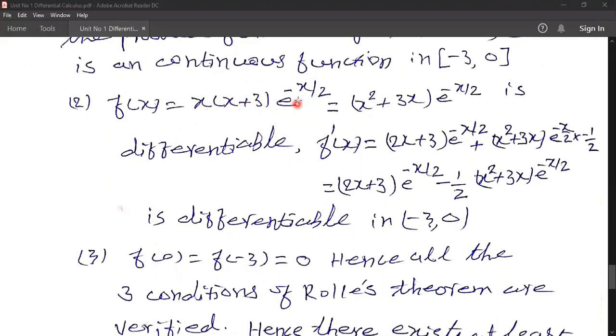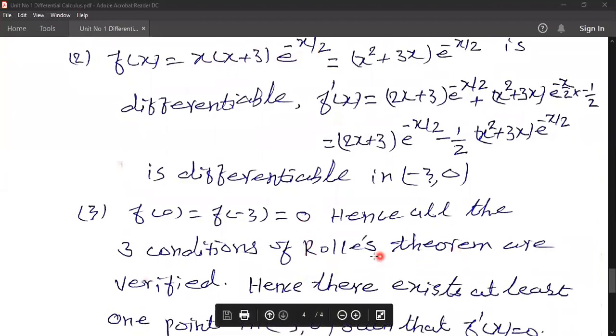When x is equal to 0, this entire thing is equal to 0, so f of 0 is equal to 0. When you put x is equal to minus 3, x plus 3 becomes minus 3 plus 3, which is 0, and 0 multiplies the entire value. So again this becomes 0. Hence, all the three conditions of Rolle's theorem are verified.